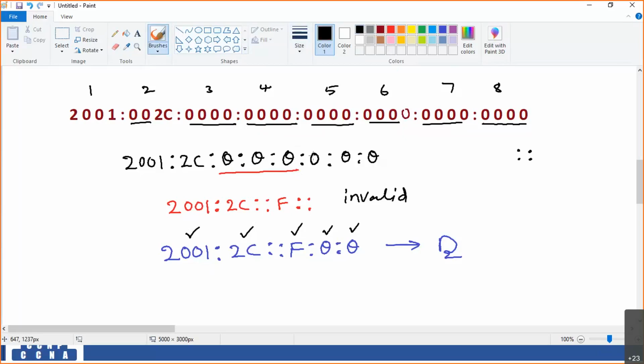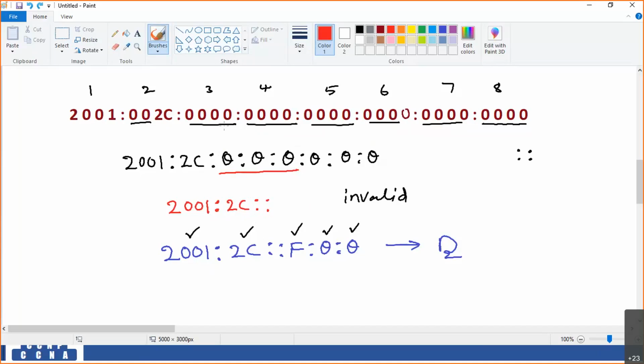Now we have continuous fields of zeros. All these zeros we can simply replace with a double colon. So we can simply write 2001 colon 2C double colon. That's it. Why?